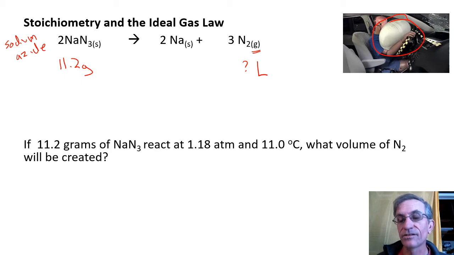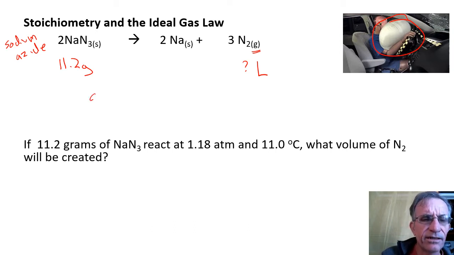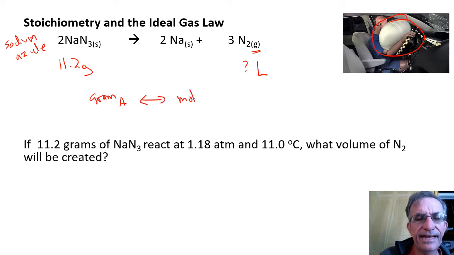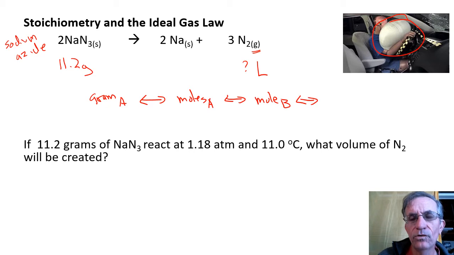So how many liters are we going to make? When we did this before, do you remember how I wrote up this chart? Grams of A goes to moles of A. And then we could go from moles of A to moles of some other compound B. And then moles of B back to grams.